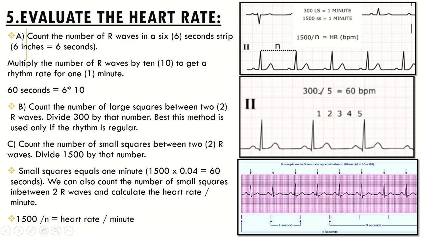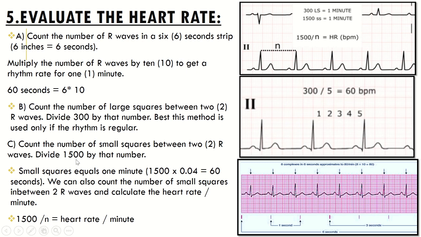It's the total number of large squares in 1 minute. So if there are 5 boxes between two R waves, we can divide and calculate the heart rate. This is one more method.